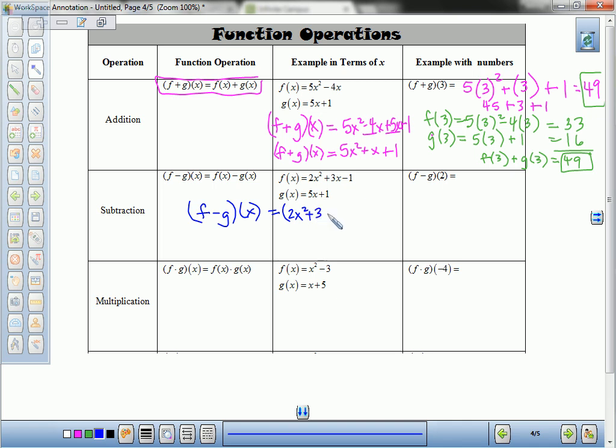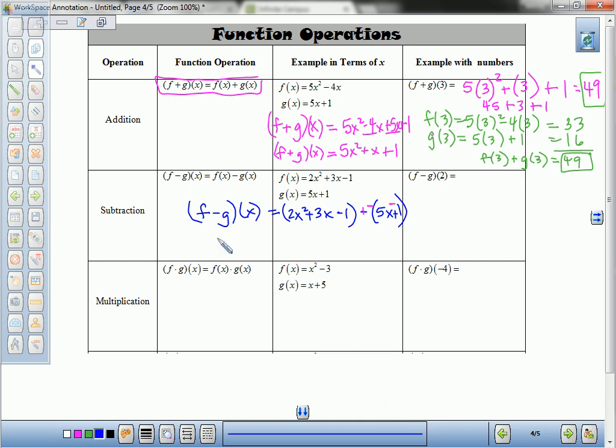And in this case, f is 2x squared plus 3x minus 1. And you would subtract g from it. Now when we subtract a function, we have to subtract every term in that function, which really just means in terms of what we're doing algebraically, we have to distribute that negative. Okay? So don't just subtract the first term, subtract them all. Make sure you distribute the negative.